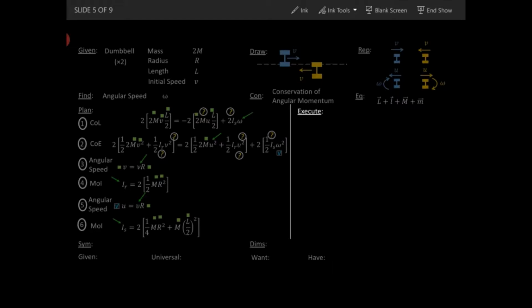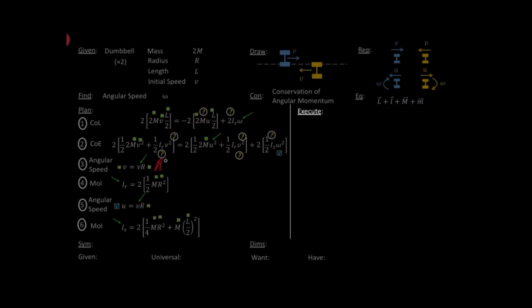Okay, so let's see. I want this guy, so that's 2 times 2 divided by 2, so that's just 2 times MVL. So I'll substitute all of these things, 3 through 6 into 1, and that will be 2 MVL is equal to minus 2 MUL plus, all right, what do we have?